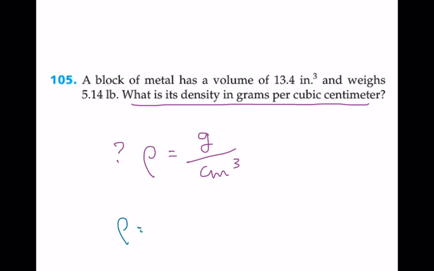So the density here is given in 5.14 pounds, mass divided by volume. The volume is 13.4 inches cubed. Okay, I could go ahead and knock that out on my calculator. The thing is, I would get units of mass in pounds and units of volume in inches cubed. But my goal is to get units not in mass, not in pounds, but grams. The goal is to get not volume in inches cubed, but in centimeters cubed.